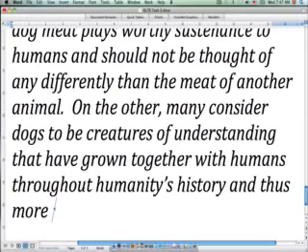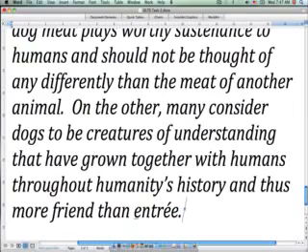So we'll say that they are more friend than, I don't want to say more than food, maybe we'll say more than entree. It's a word of French origin, which is sort of like main course. It's kind of comical, actually.